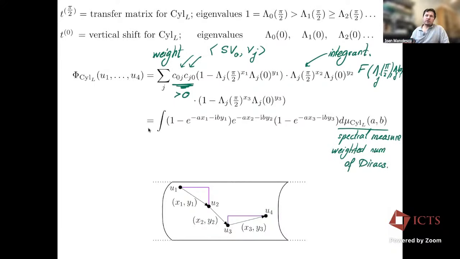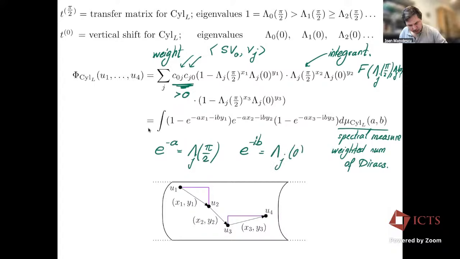And it turns out that it's good to encode these eigenvalues not by their value lambda, but by their logarithm. So you have e to the minus a is lambda 0 of pi over 2, and e to the minus ib is lambda j of 0. You want to encode them like this.